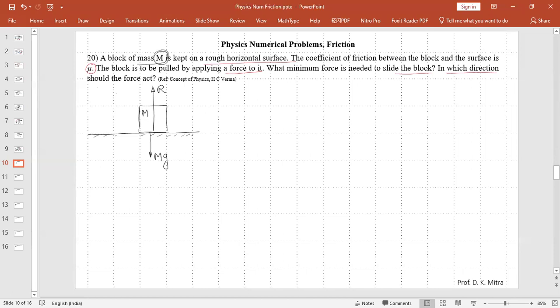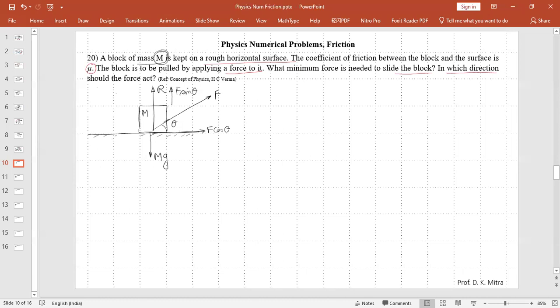So let us say the body is pulled at an angle, say this angle is theta, by the force F. There is a vertical component of F and a horizontal component of F. The horizontal component of F is F cos theta, and the vertical component of F is F sine theta.